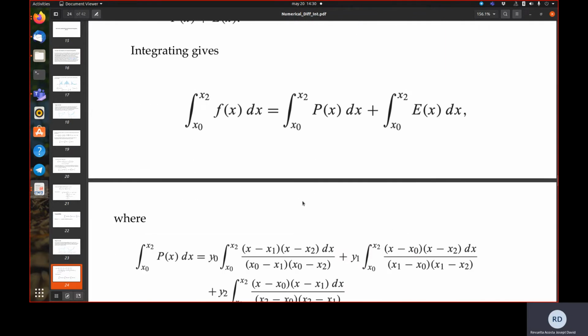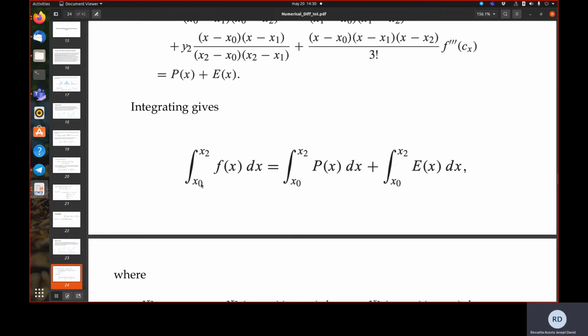Then we do exactly the same as we did for the trapezoid rule. So we are assuming that the integration of f(x) from x0 to x2 is equal to the integration of the interpolating polynomial, plus the integration of the error. Be aware here that you have x0 and x2 as limits, so x1 is between x0 and x2.